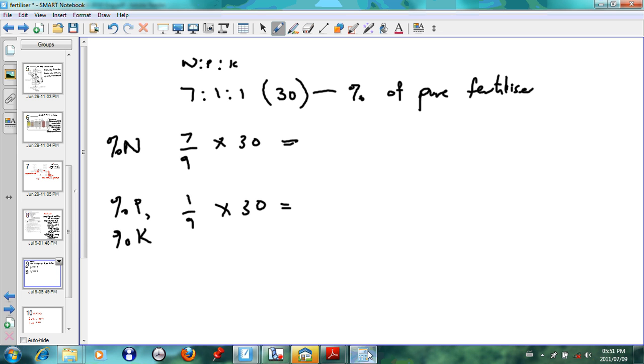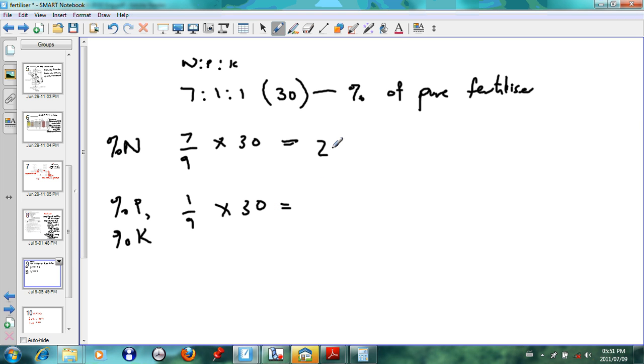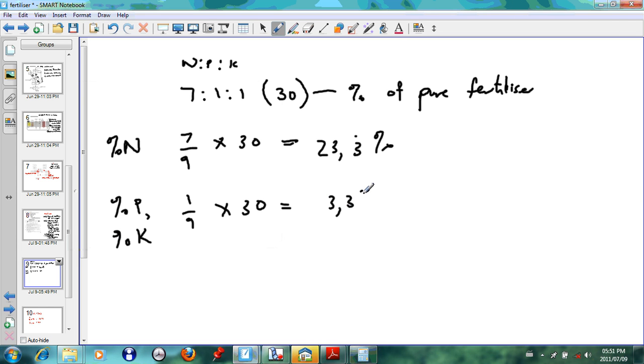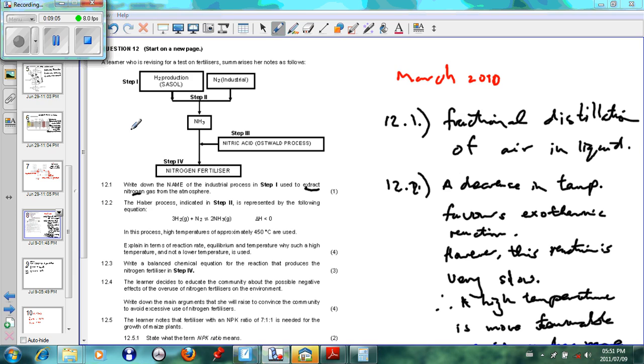On the calculator, 7 divided by 9 multiplied by 30 gives us 23.3%. And 1 divided by 9 times 30 gives 3.3%, which is potassium and phosphorus. So this is an important aspect. This is a typical example of the type of question that you can expect at the end of the year. Good luck with the final exam.